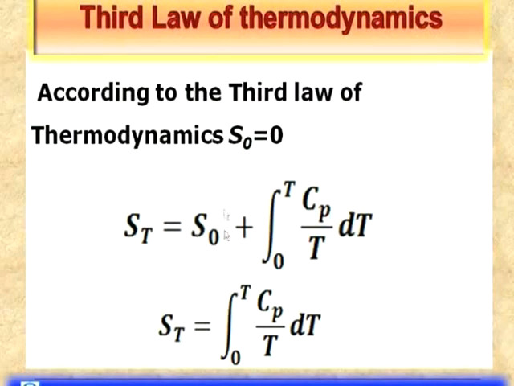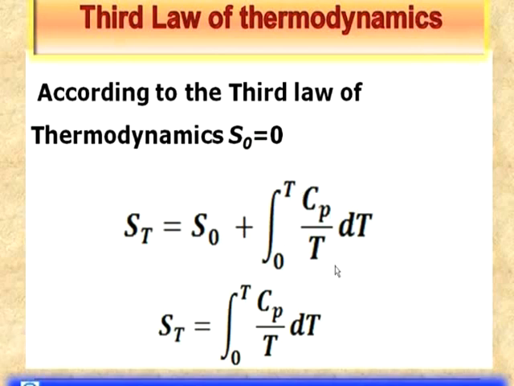Why did he suggest so? If you look back at this expression for the molar entropy of a substance at temperature T, it is the molar entropy at 0 Kelvin added to the contribution of the change in entropy from 0 to T Kelvin.